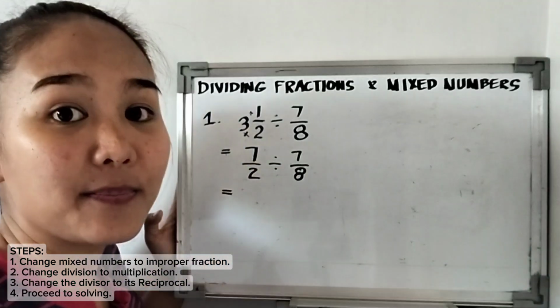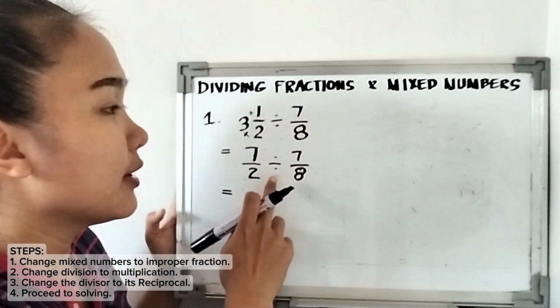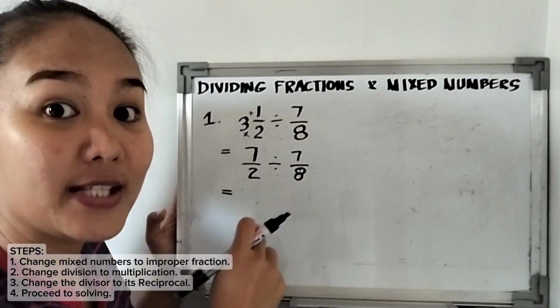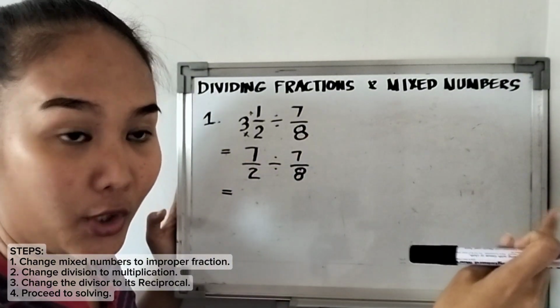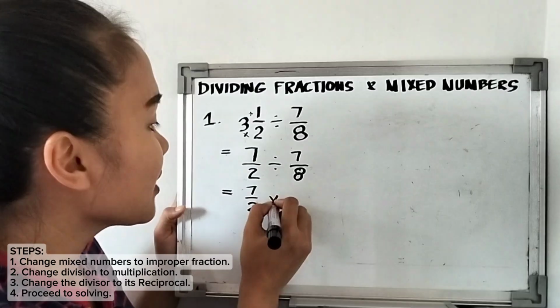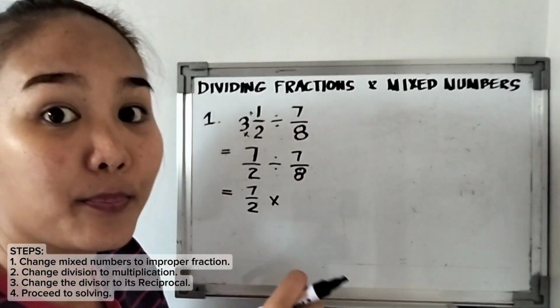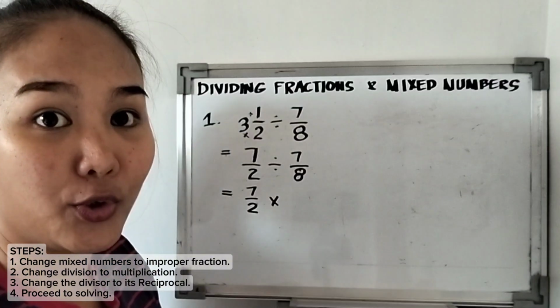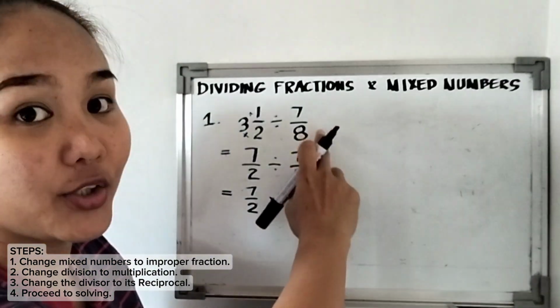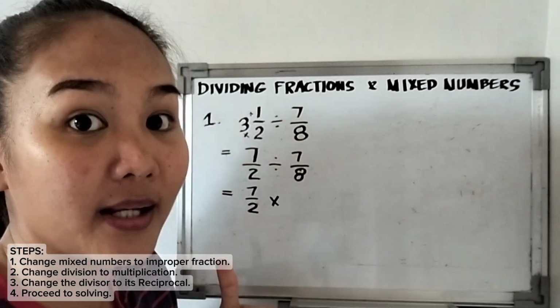The second step says that you have to change the operation, division, into multiplication. Okay, so that will be 7/2 times. And the third step says you are going to reciprocate the divisor, or change the divisor, the second term, into its reciprocal. When we say reciprocal, you flip the number.